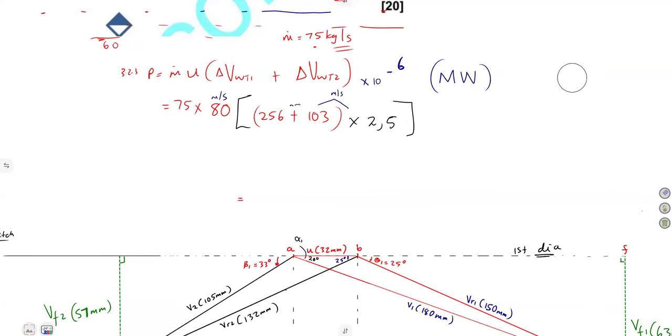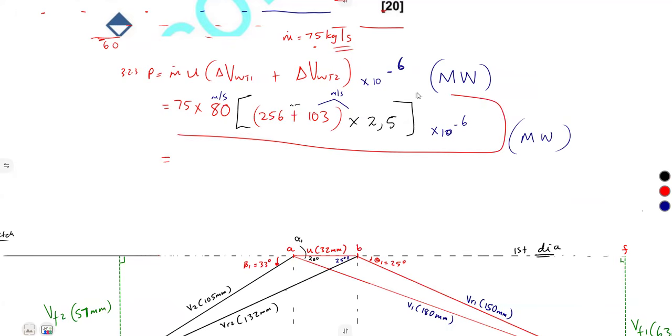Like I said, if we want to convert this direct to megawatts, whatever you're going to have as your answer here, multiply it by what? 10 to the exponent of -6. Your answer is automatically in megawatts. So whatever you're going to have from this resultant is already converted to megawatts.